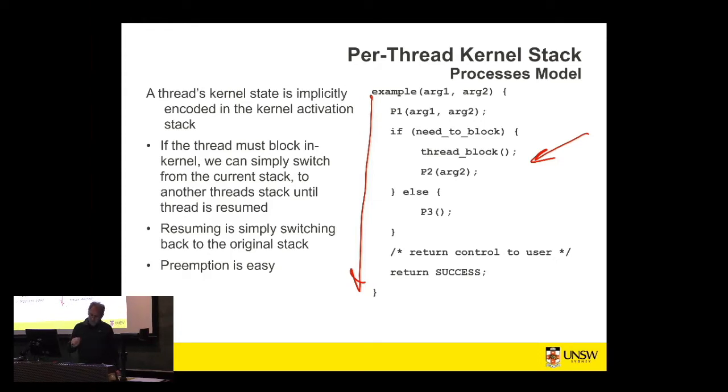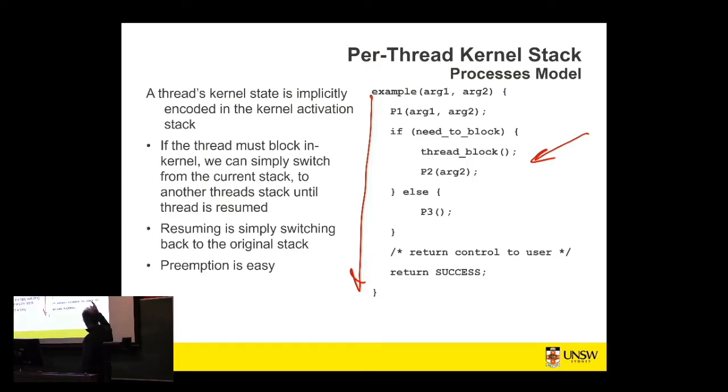And again, like I said yesterday, the main point to take away is that with the multi-threaded model, i.e. with the per thread kernel stack, our execution model is from start to finish, and any saving of state required to suspend in order to block and then later restore to resume is implicitly managed by the model on the kernel stack.